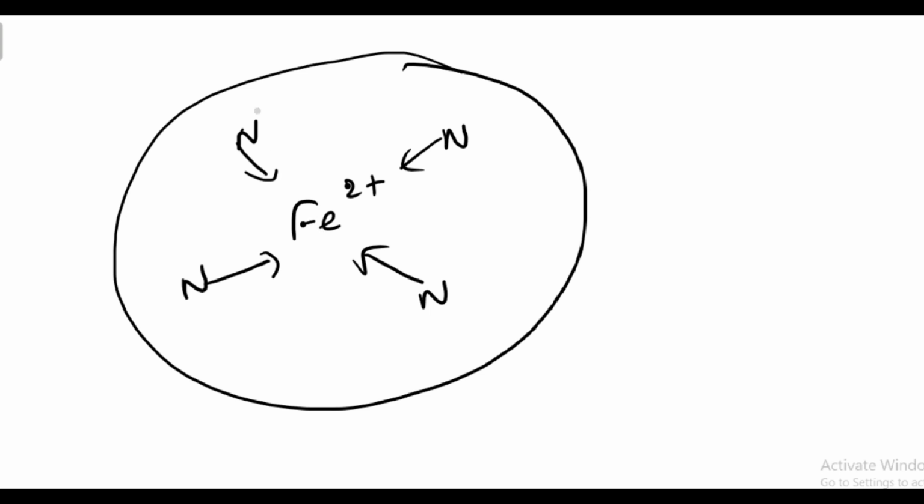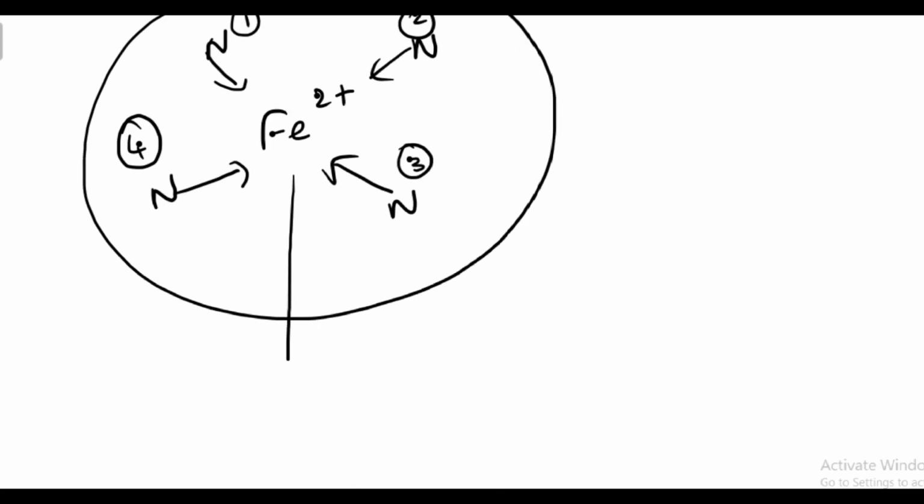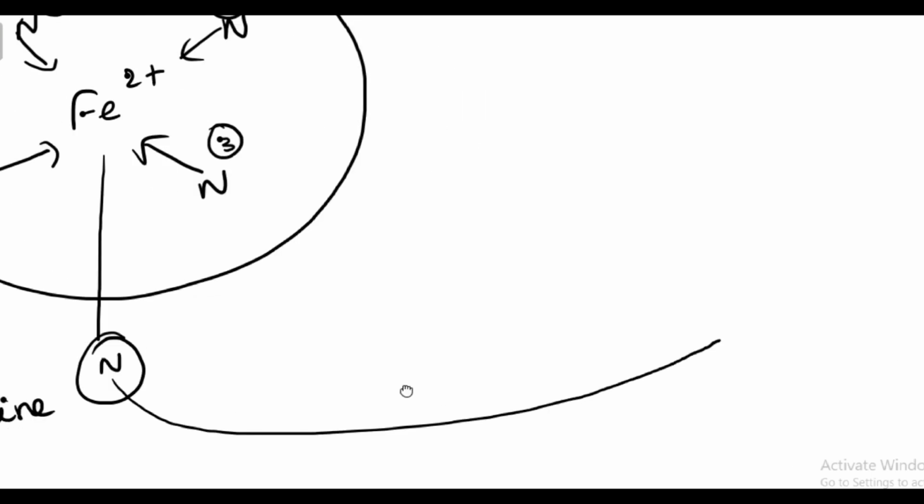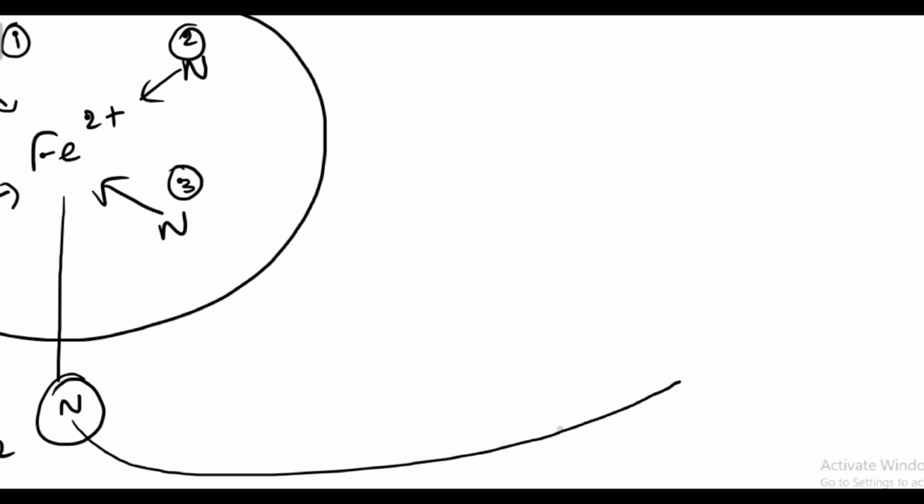Then the fifth coordination site, that means nitrogen 1, nitrogen 2, nitrogen 3 and nitrogen 4, then the fifth position will be coordinated from the histidine amino acid of the protein chain. This protein chain contains another histidine.